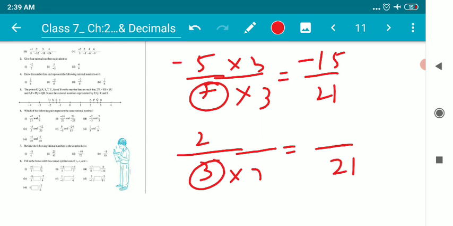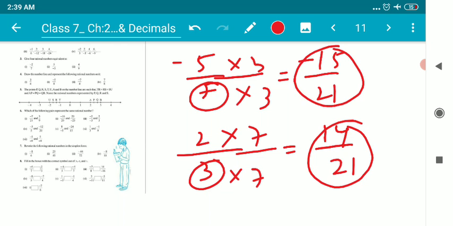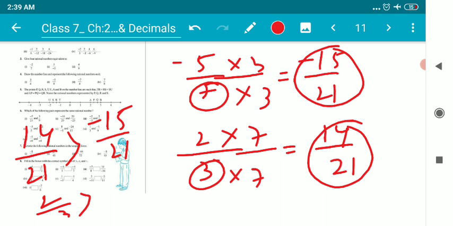When we multiply it by 7. So we have to multiply 7 here also. 7 twos are 14. Now children, both numbers have equal denominators. It is quite understandable that 14 by 21 is greater than minus 15 by 21. So 2 by 3 is greater than minus 5 by 7.